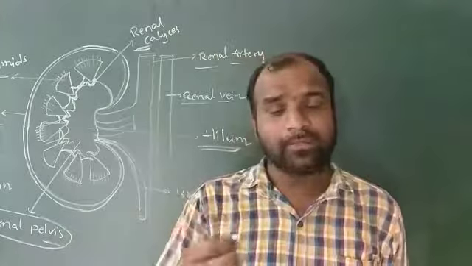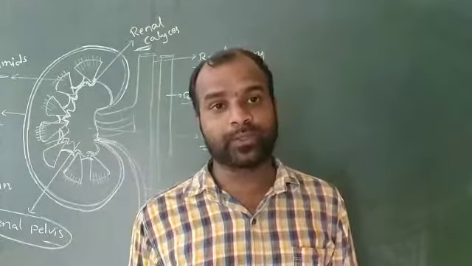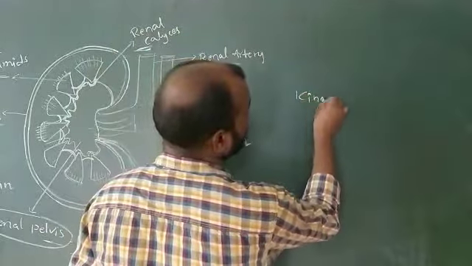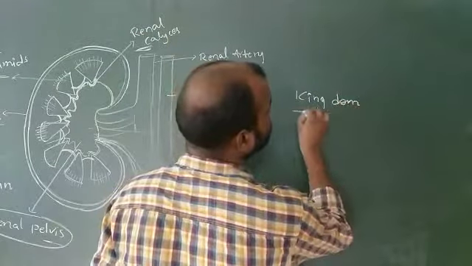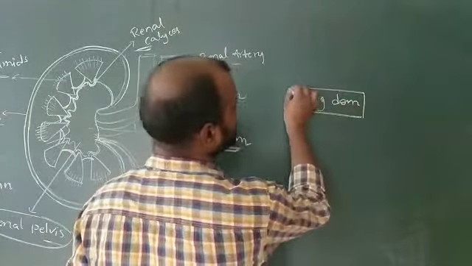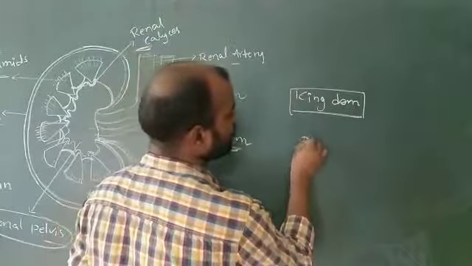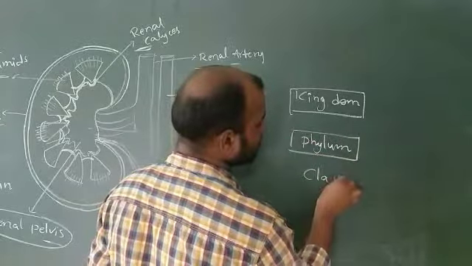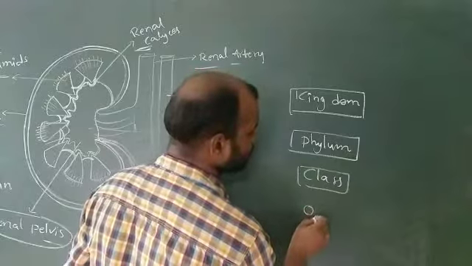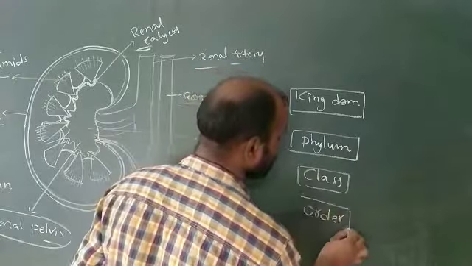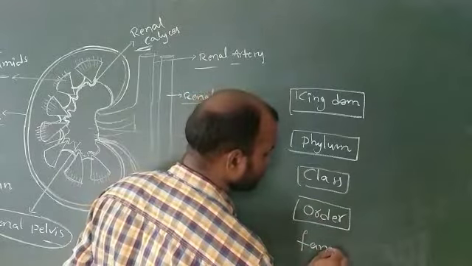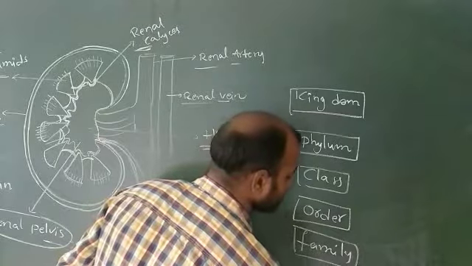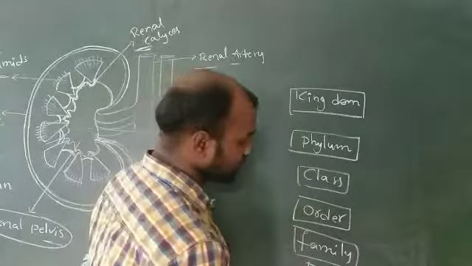Usually the animals have been classified into different groups, divided into kingdom, phylum, class, order, family, genus, and the final one is species.